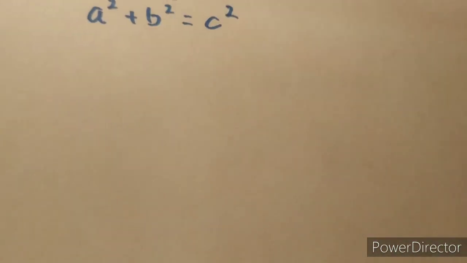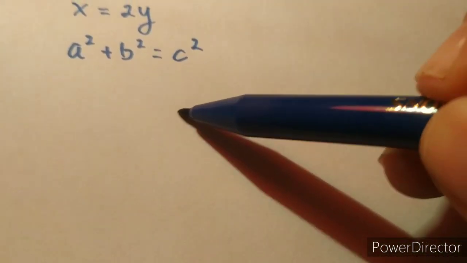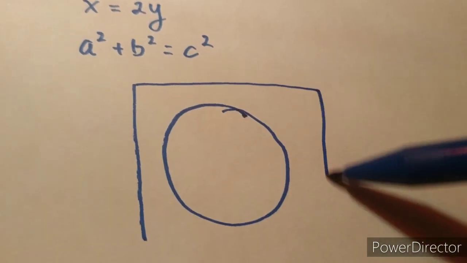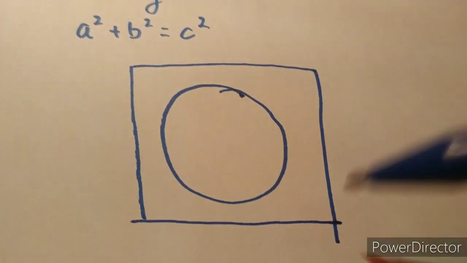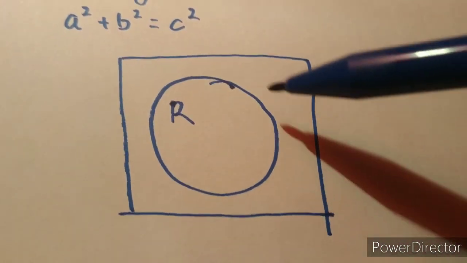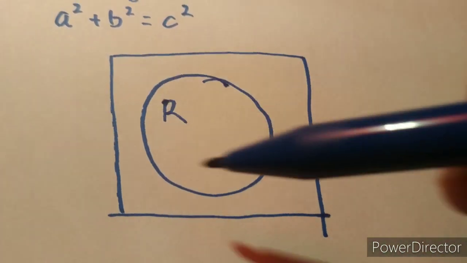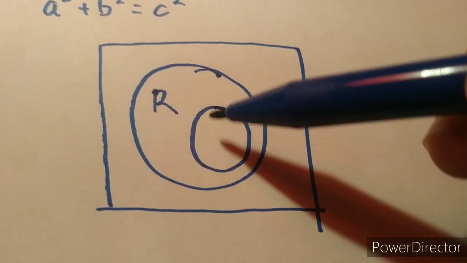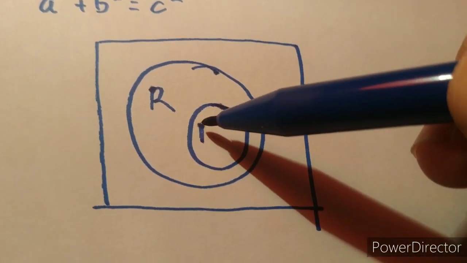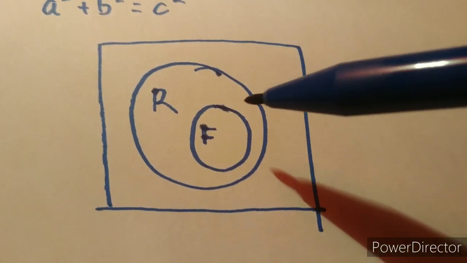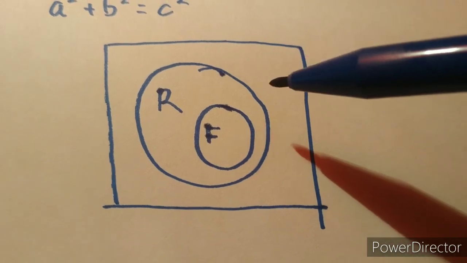Now if I represent it with a Venn diagram like this, everything inside the big circle will be all the relations that you have in math, and there is a smaller circle here, which is the functions.